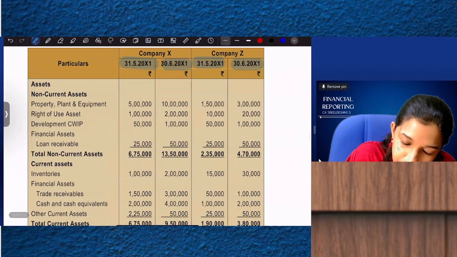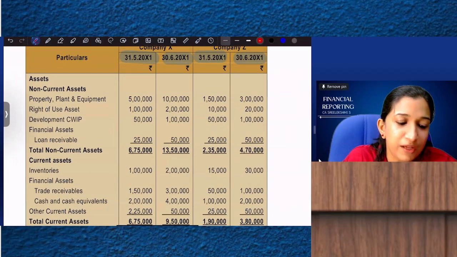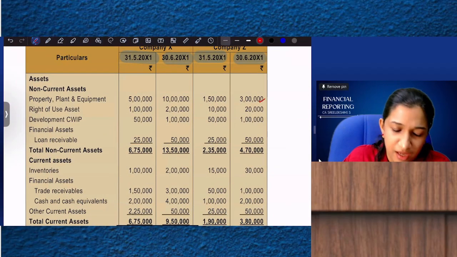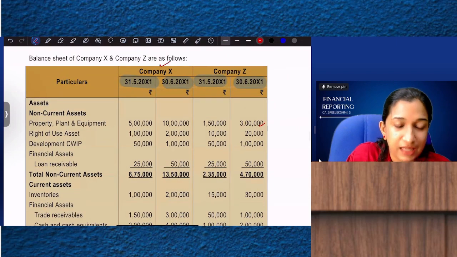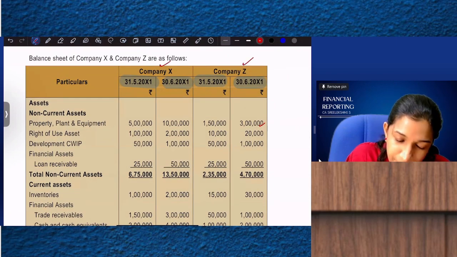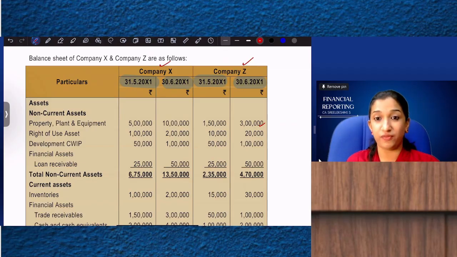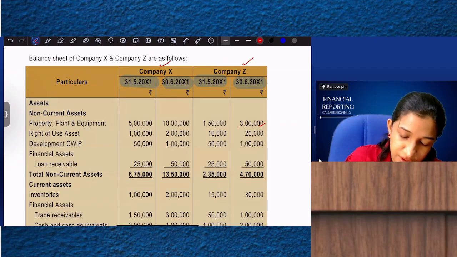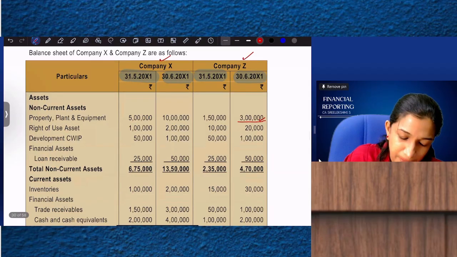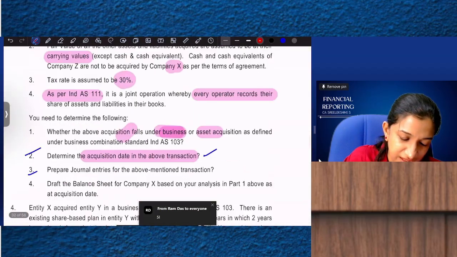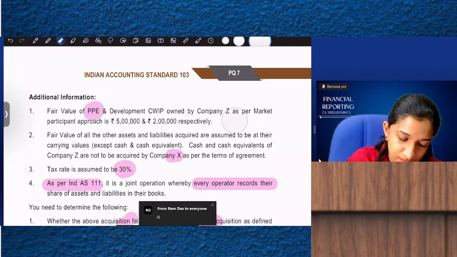Listen. PPE debit. How much PPE debit? Company Z's assets and liabilities is what we are acquiring. So you should debit PPE, but PPE is revalued. What is the revalued figure of PPE?